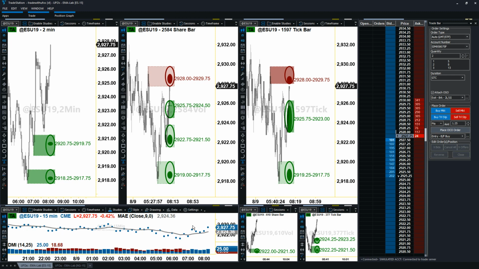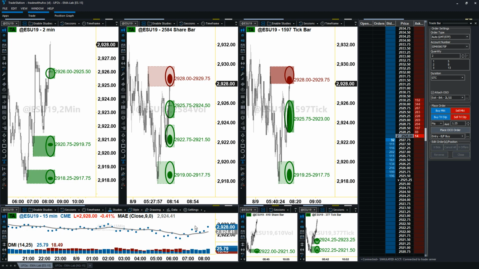Now that we know the direction in which to trade and where the final target should be, the next step is to find a good entry. To do that, we need to look at the value of the average, which is 2924 something, and look for UFOs that line up with that value. Around 24 here, we got nothing.